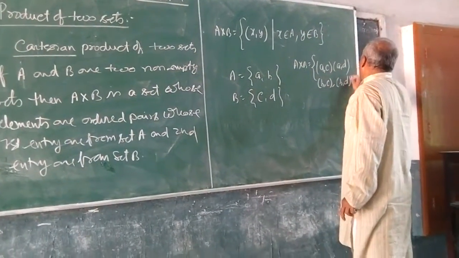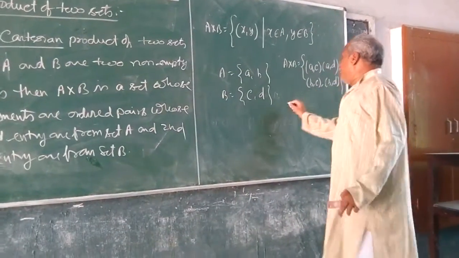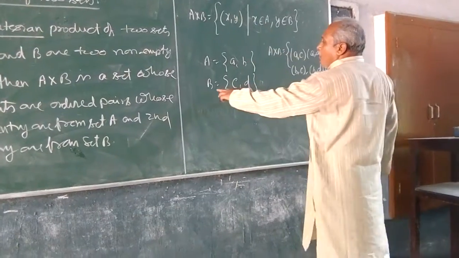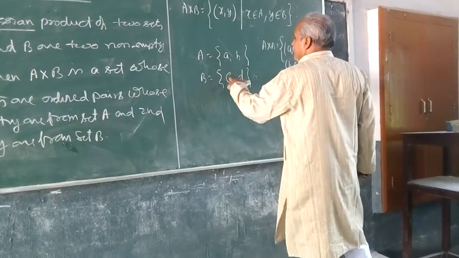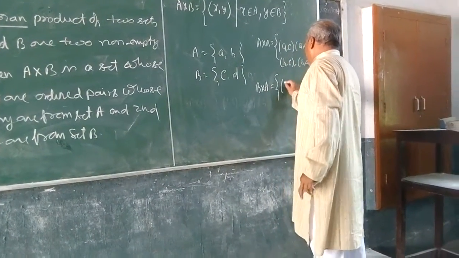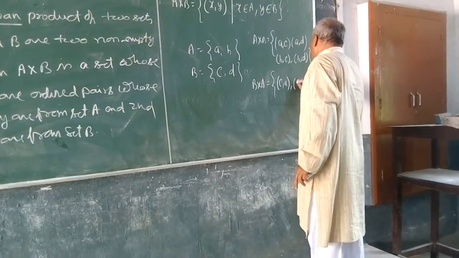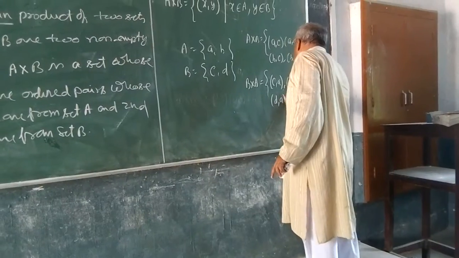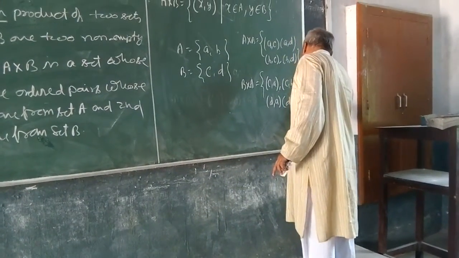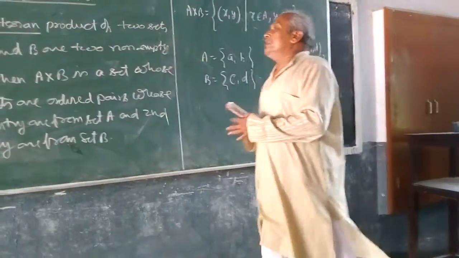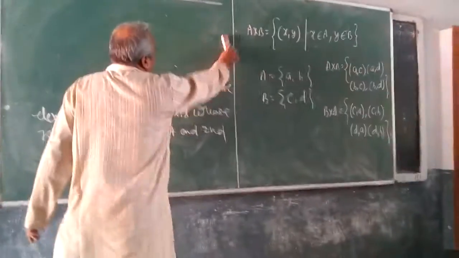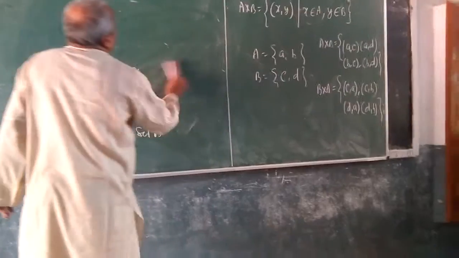Now it is completed. And if you find B cross A, then we start from B: (c,a), (c,b), (d,a), (d,b). This is the Cartesian product of two sets.